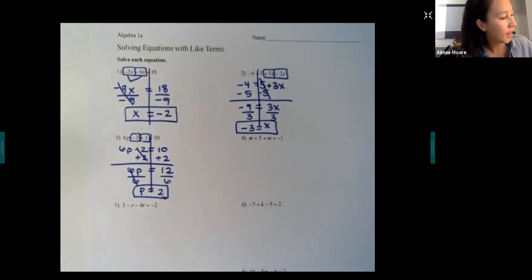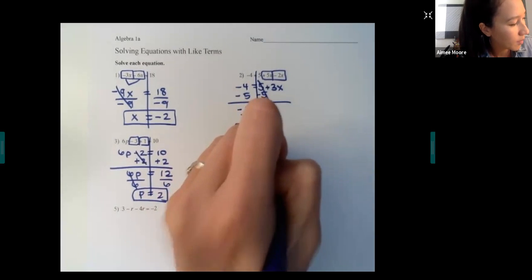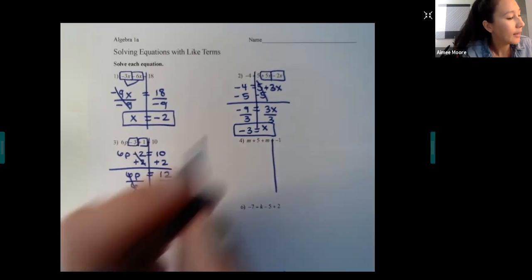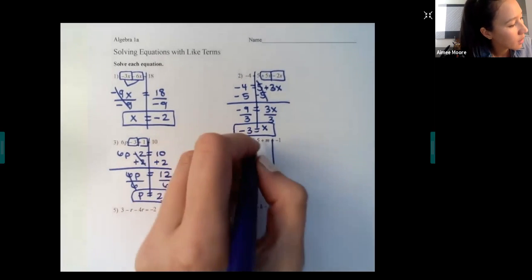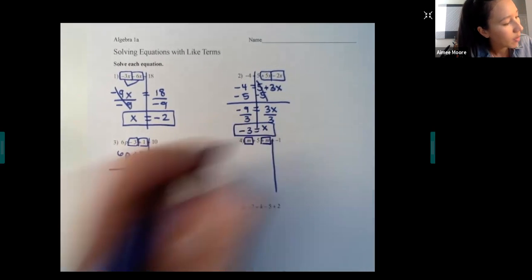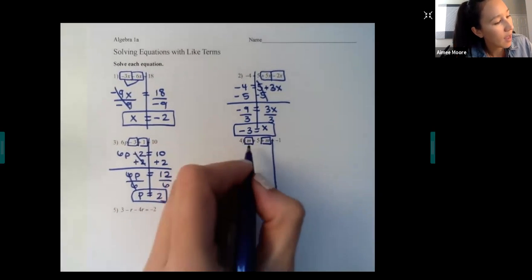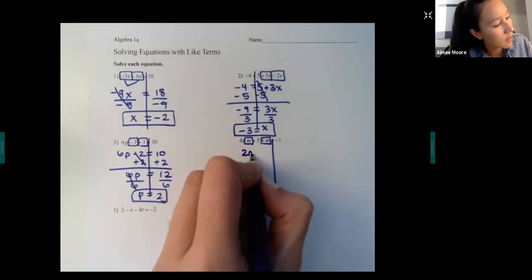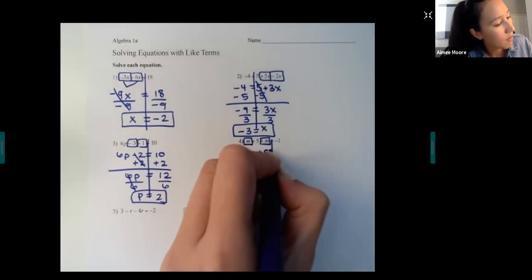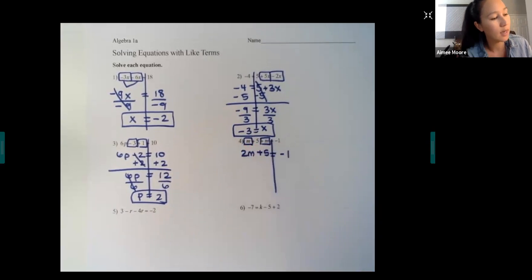I'll do one more and then we'll go through and have you guys help me out. Draw our wall, identify our like terms, which in this case is going to be m plus m. So if we have m plus m, that is 2 m's. We bring down our +5 and our equals -1.